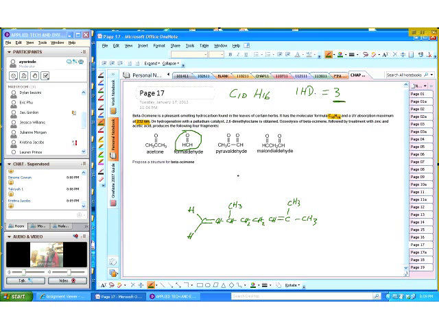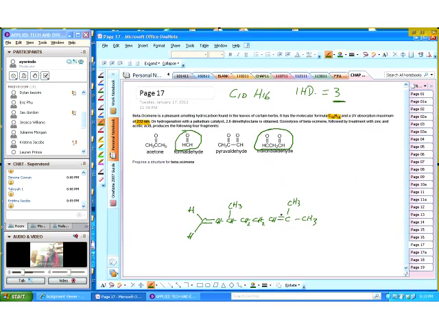Okay, so let us see what we have. Let us look at this molecule here. You have this carbon-oxygen double bond and this carbon-oxygen double bond. Between them, you have a CH2, a methylene group.